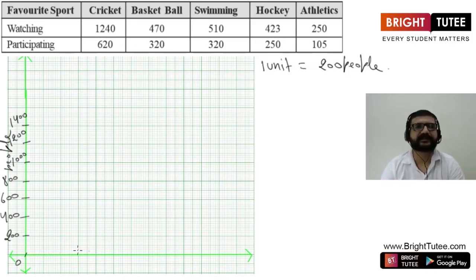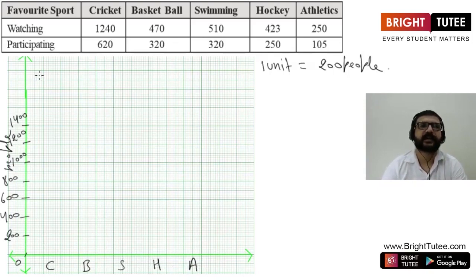Now on the x-axis, or the horizontal line, we will be writing different sports. Let's write cricket with the letter C, basketball with the letter B, swimming with the letter S, hockey with the letter H, and athletics with A. Now the number of people watching cricket is 1240.